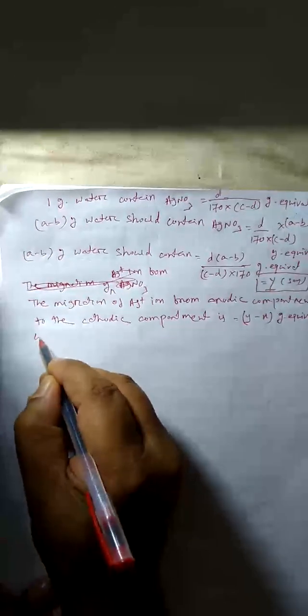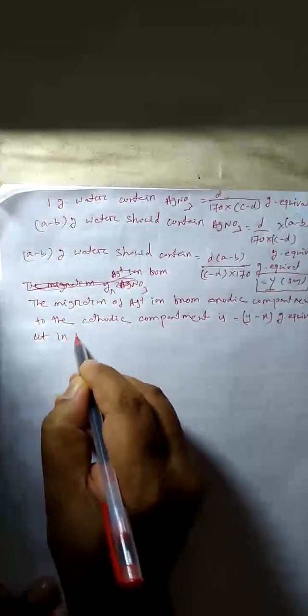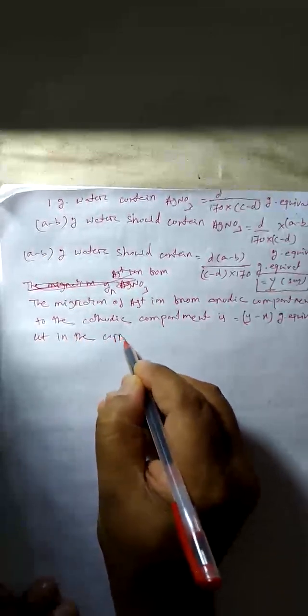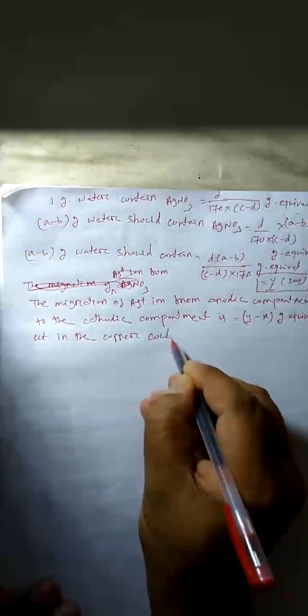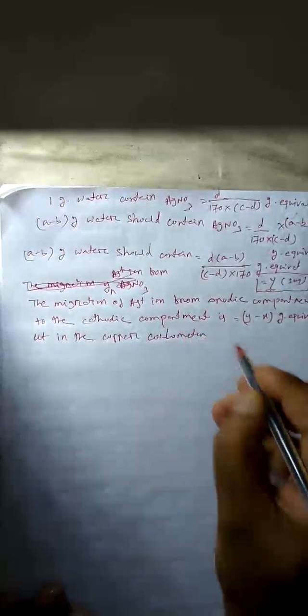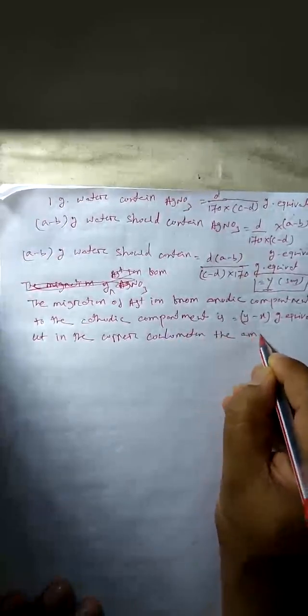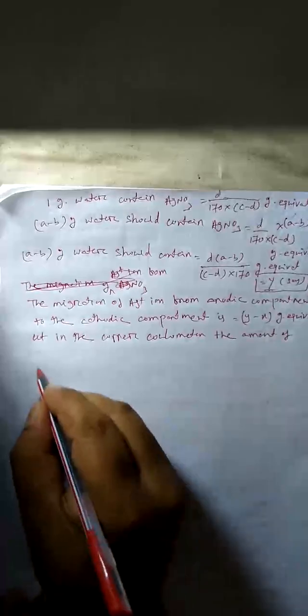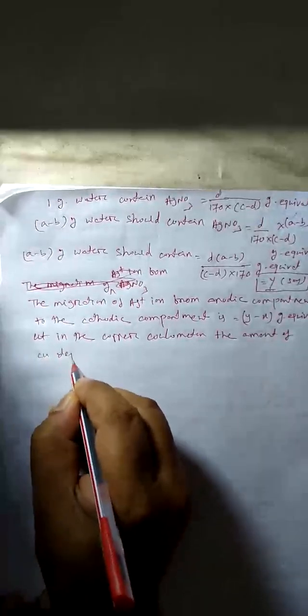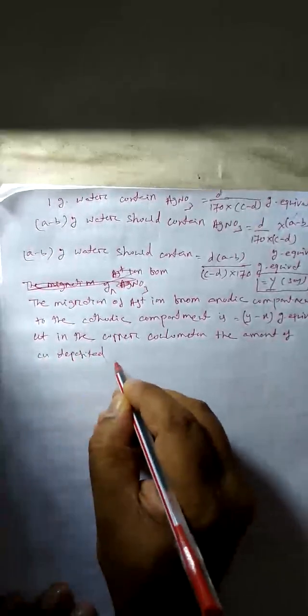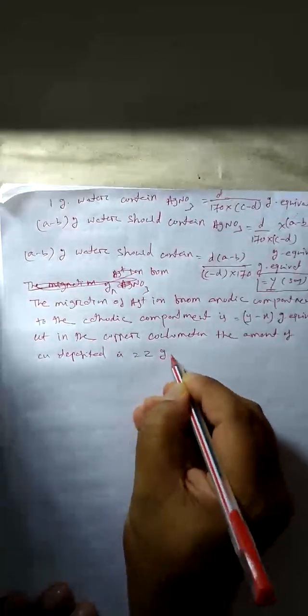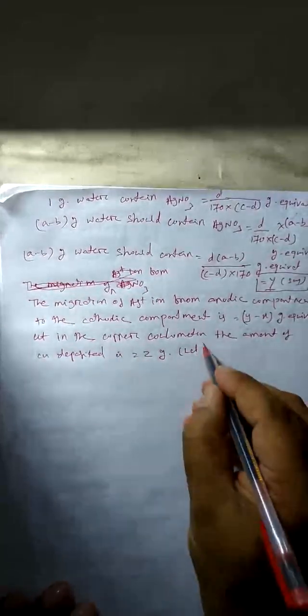Let in the copper colorimeter, the amount of copper deposited be Z gram. That means copper colorimeter means this here.